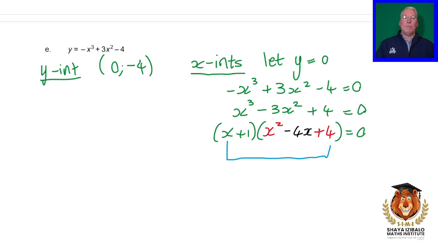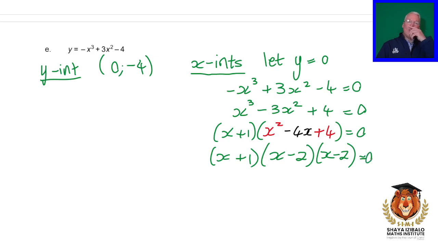Okay, next up we're going to see, does this quadratic equation have any solutions? All right, and in fact it does, because it can factorize to (x - 2) all squared, (x + 1). So we've got x + 1, x - 2, and x - 2.